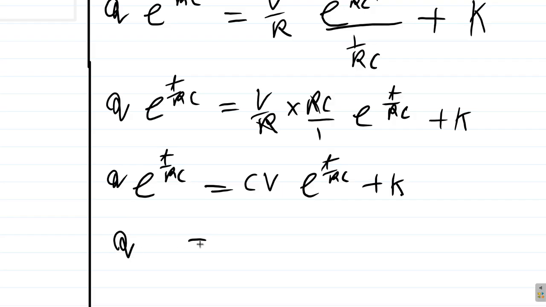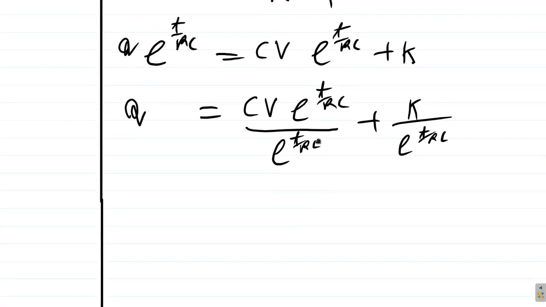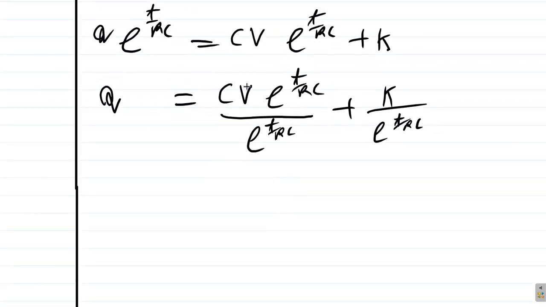So we have q equals, the e to the t over rc cancels itself on the left. On the right you have cv e to the t over rc divided by e to the t over rc, plus k over e to the t over rc. You see that? But here e to the t over rc cancels itself.